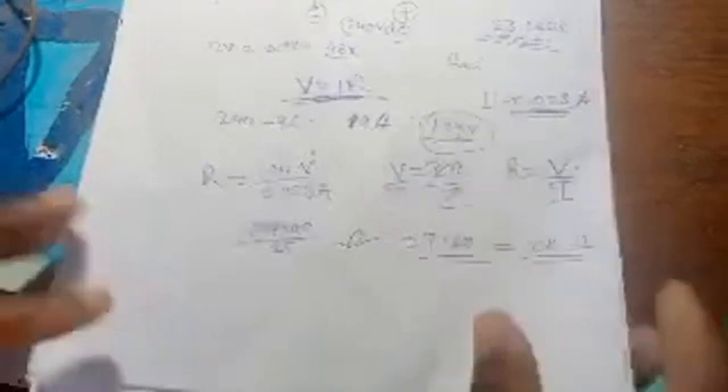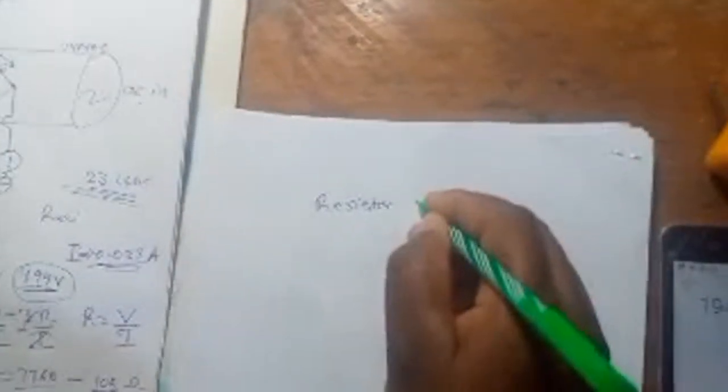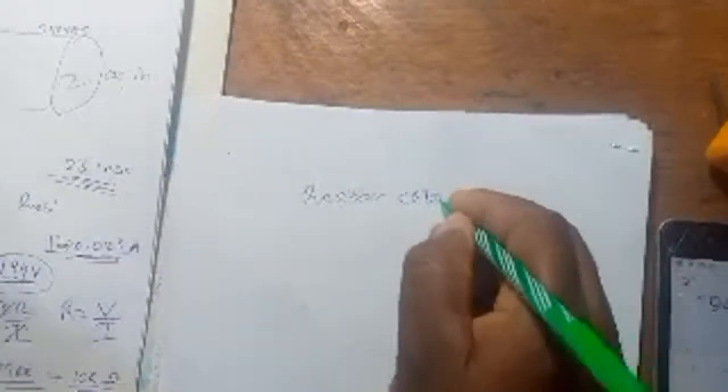So 10K resistor, how do we know the 10K resistor ni gani? From its color code. Color coding, so unaiangalia tu hivi, sio lazima uende kwa duka, unaweza pata kwa other component, so utajua. And let me teach you something to do with resistor color code.